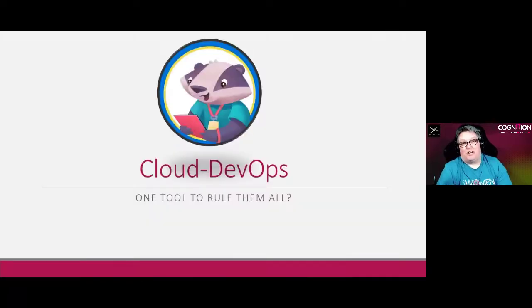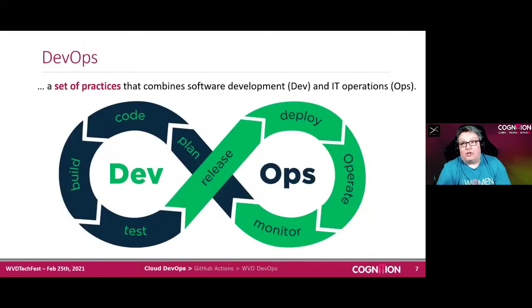So zooming in on cloud DevOps. If we're looking at the definition, it basically states that it's a set of practices that combine software development and IT operations. As you can see, it represents the infinite life cycle of our DevOps solutions, our cloud solutions and services.